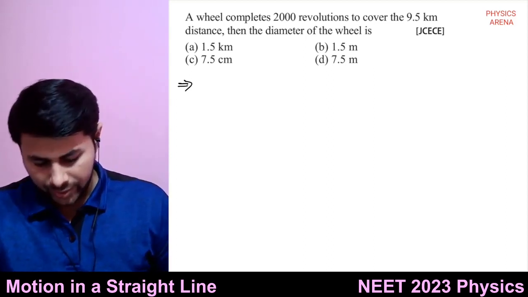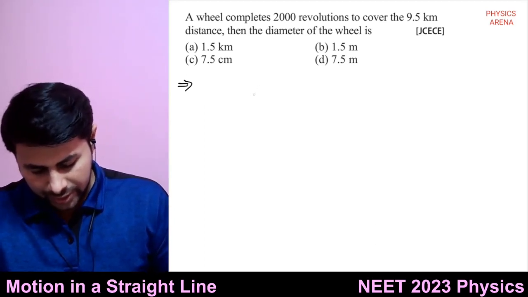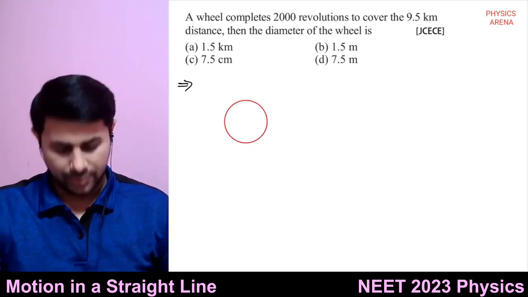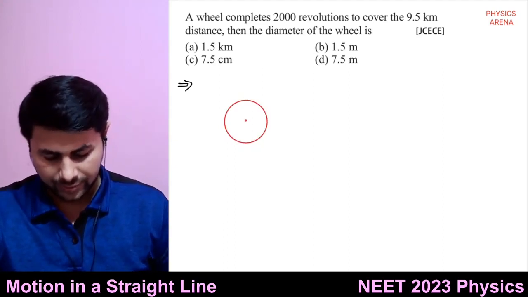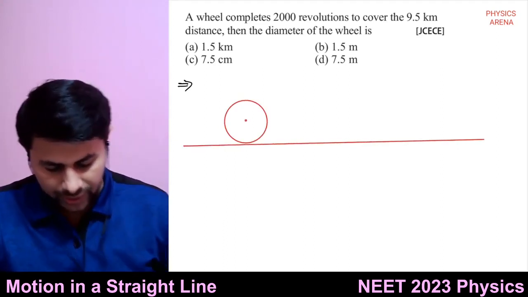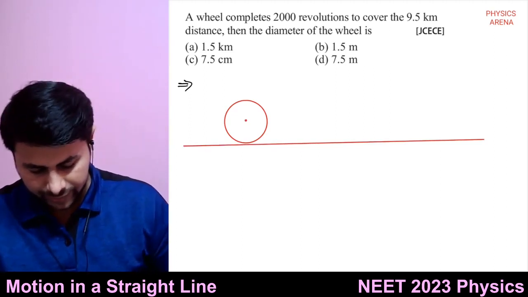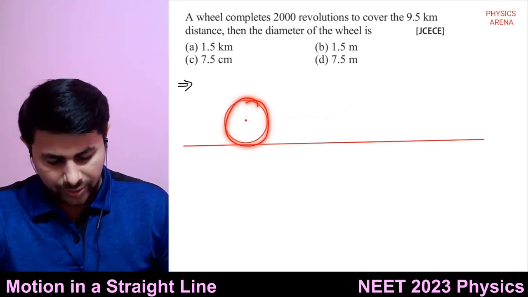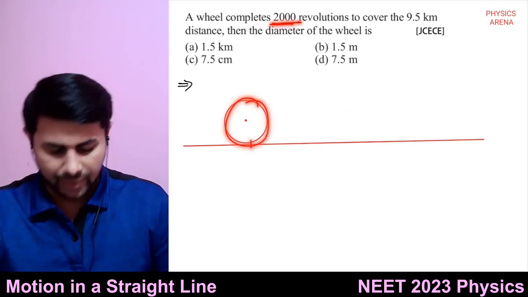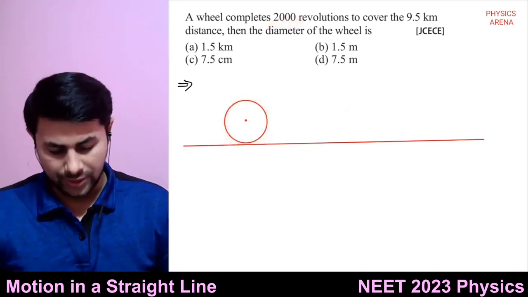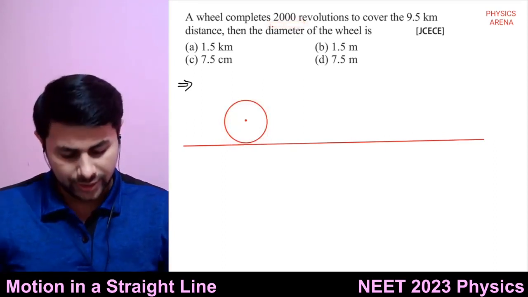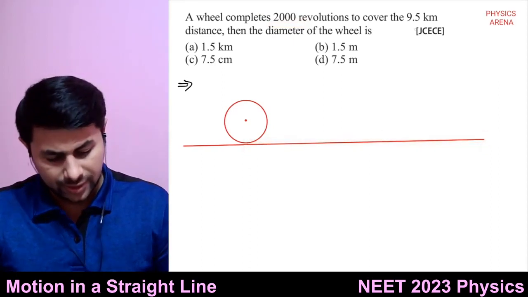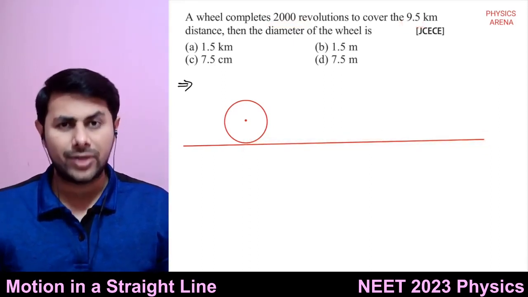Okay, so let's suppose I have this wheel, and this wheel moves on this road. It completes 2000 revolutions and then it moves by some distance. How much is the distance? The distance covered is 9.5 kilometers.